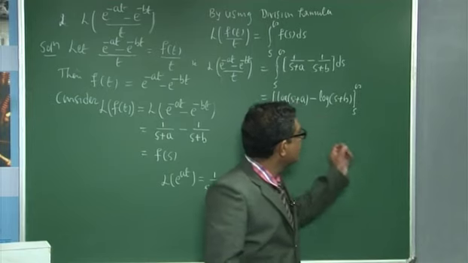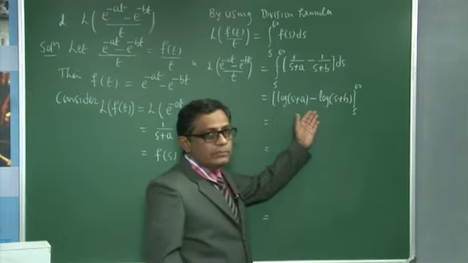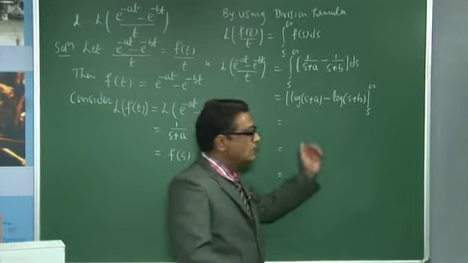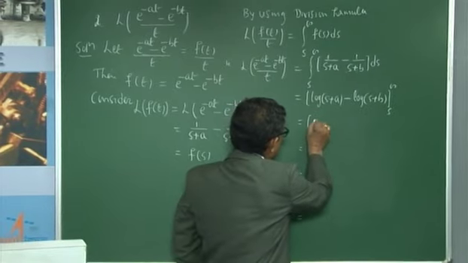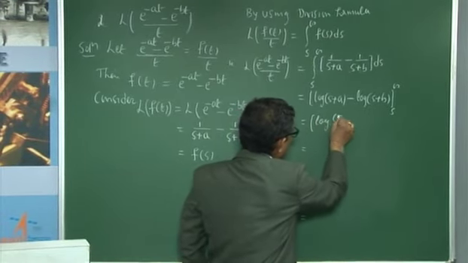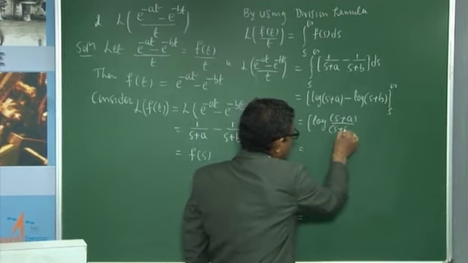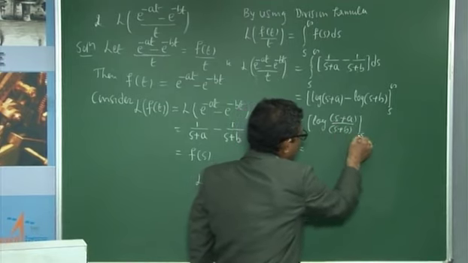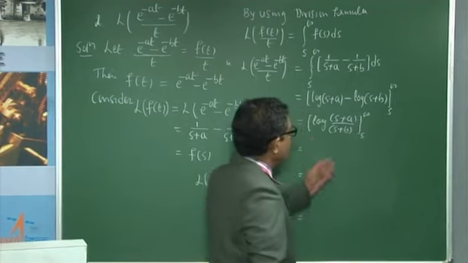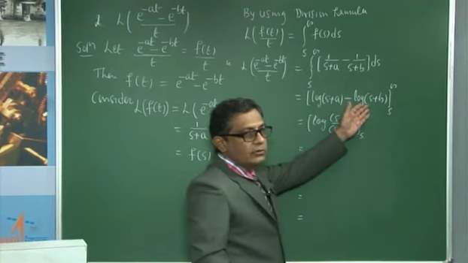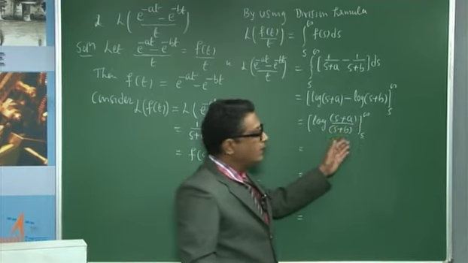Then again use the logarithmic laws, log m minus log n. You can write log of s plus a by s plus b from s to infinity, log m minus log n, log m by n.